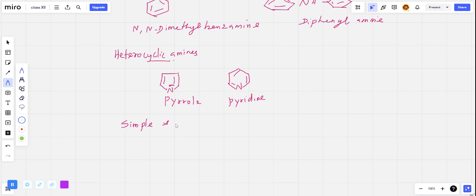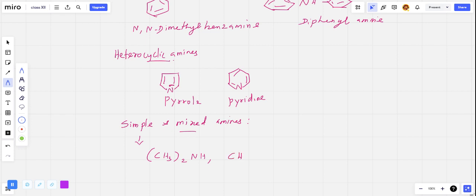We saw ethers, right? The same way here also, it's simple and mixed amines. If all the alkyl groups attached to a nitrogen atom are the same, then it is called simple. If they are different, then it is called mixed amines. For example, simple amine is (CH3)2NH. Both groups are CH3, so it is a simple amine.